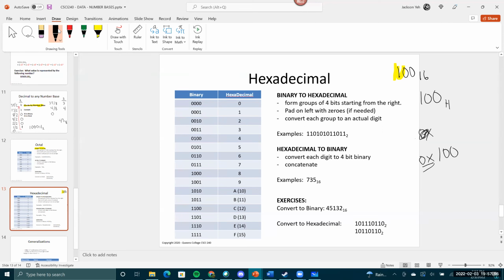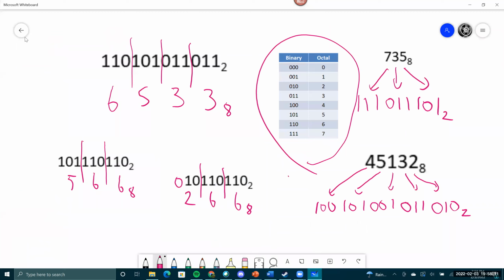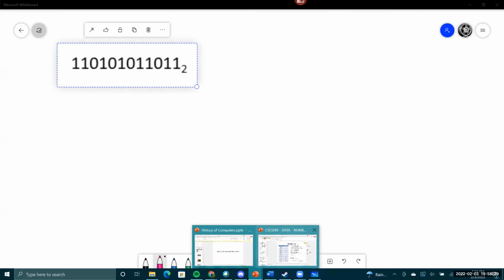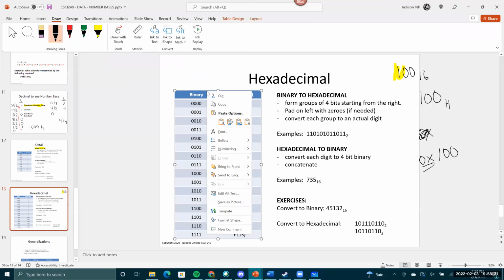Other than having 4 bits, the rules are almost identical. Let me copy the table over as well.